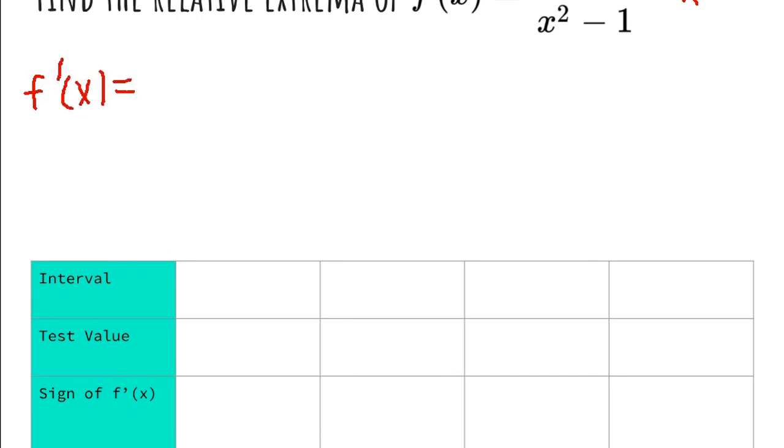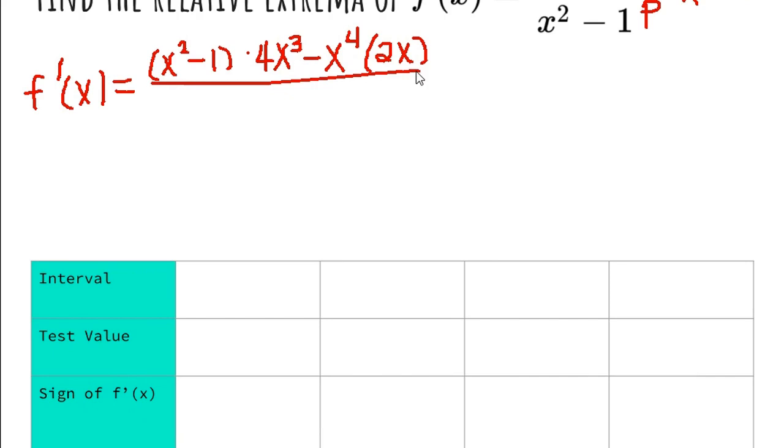And so I have O over P. So I get P O prime minus O P prime all over P squared.